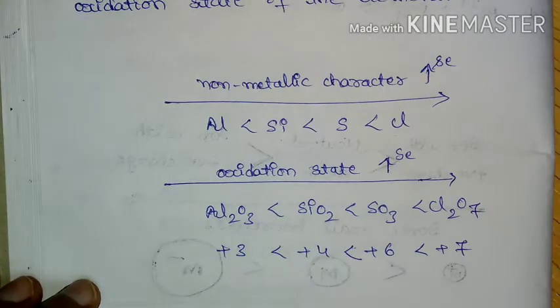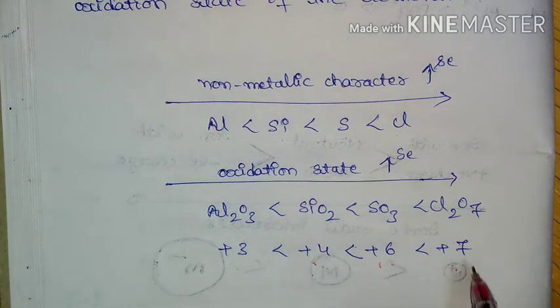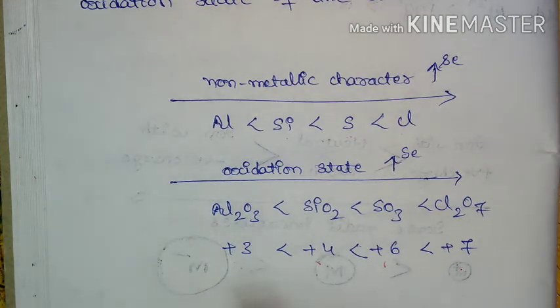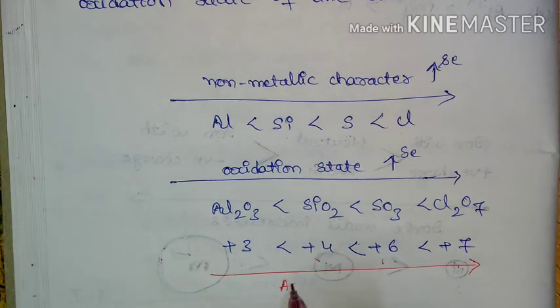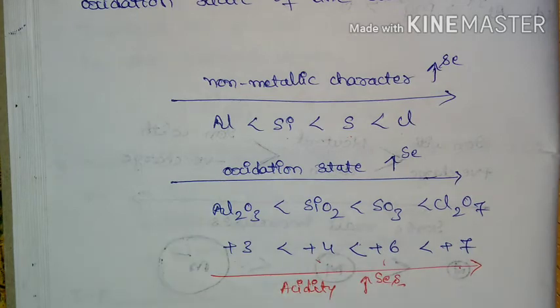So one more way of deciding the acidity is by knowing the oxidation state of the element. Means oxides of non-metals, their acidity will increase with increase in oxidation state. Here is the series. You can see there is an increase in the oxidation state, and we know that if there is an increase in the oxidation state, electronegativity also increases. So if electronegativity increases, then acidity also increases.